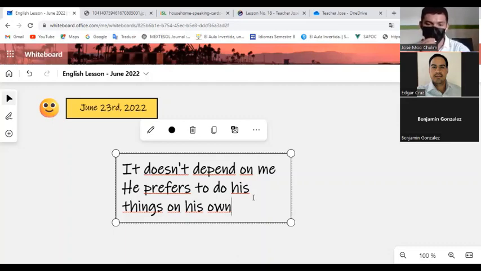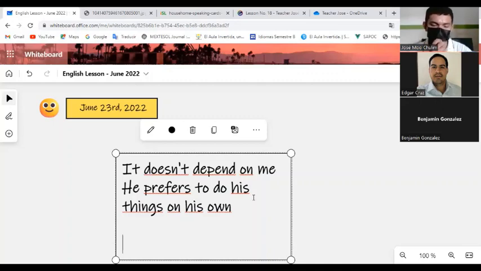Okay. I was telling Edgar that you can use the pronouns he or she to talk about your pets. For example, si son muy cercanos a tu familia, los animales, puedes utilizar los pronombres él o ella para referirte a tus mascotas. En español usualmente utilizamos estos pronombres, él o ella.